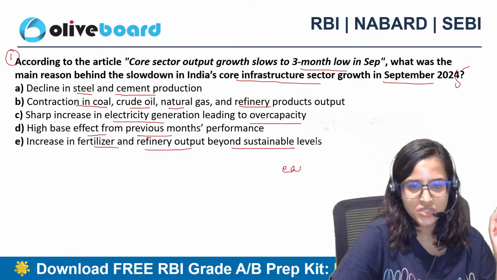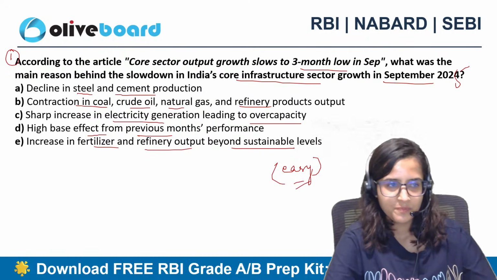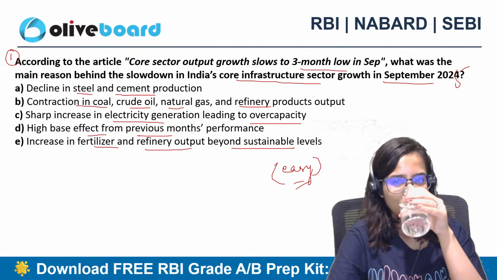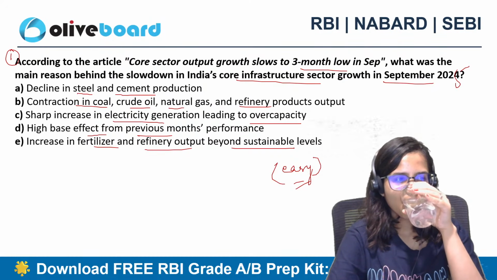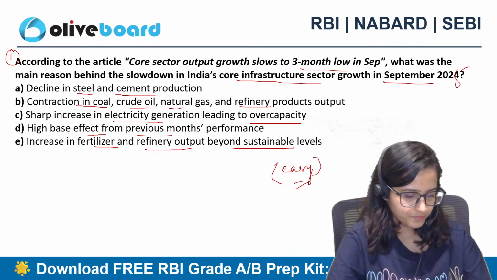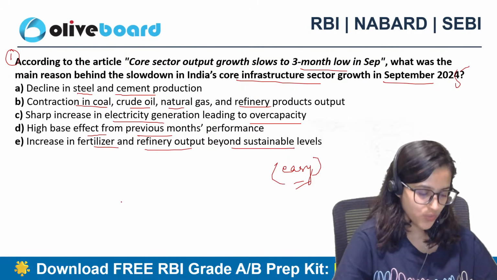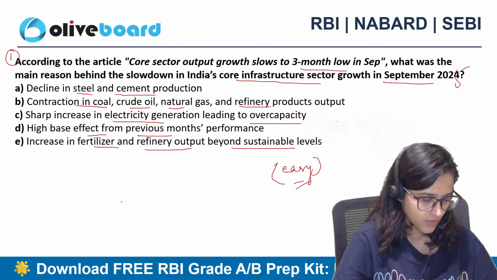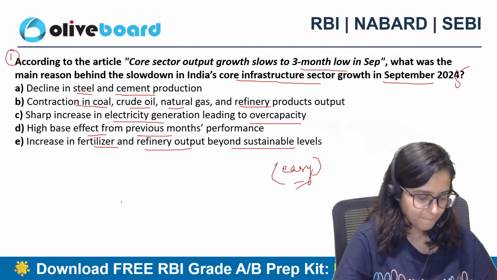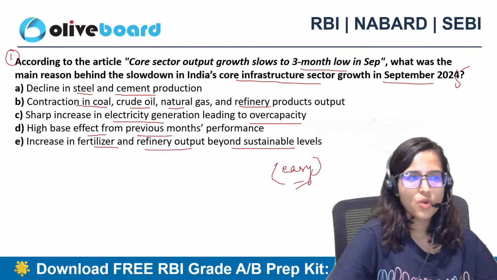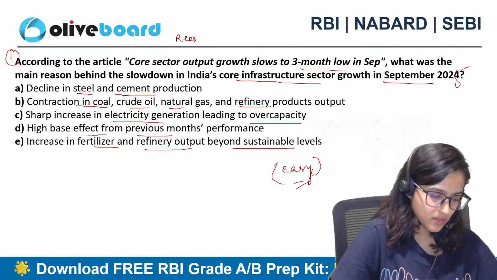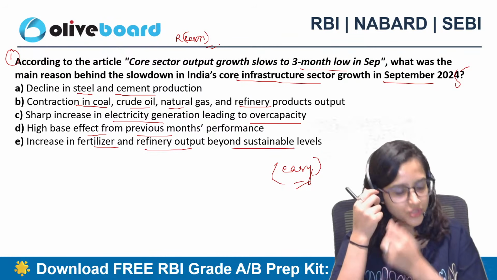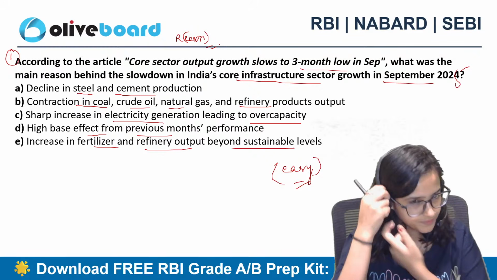Very easy question. Hannah, we've already done this. What is the answer? What is the answer to the first question? Bhakti, John, Sudarshan, what is the answer? What is the major reason behind this core sector output growth which has slowed down?